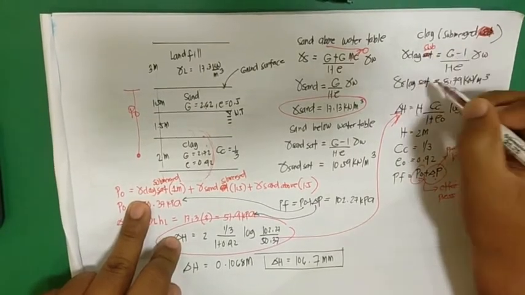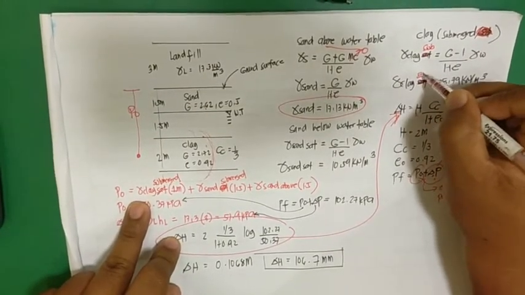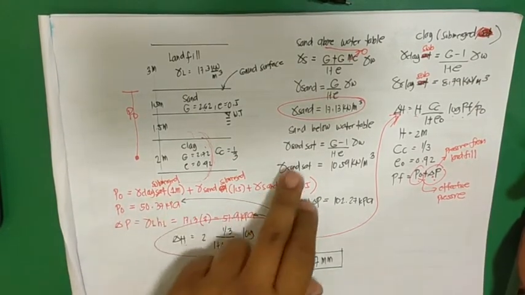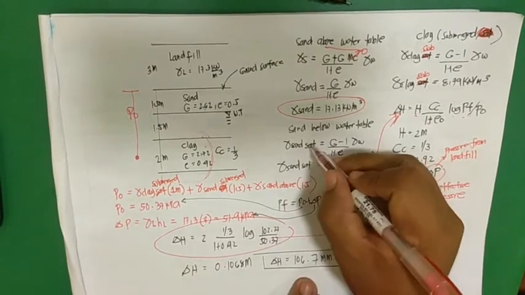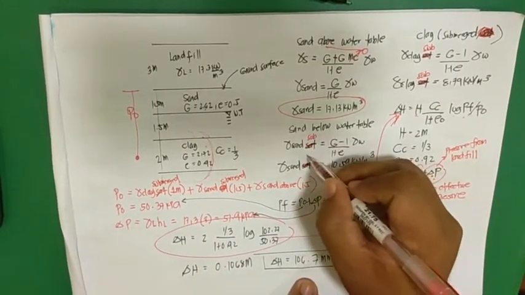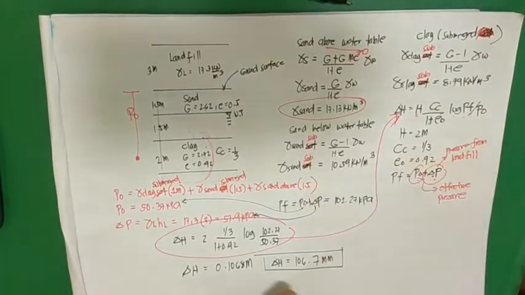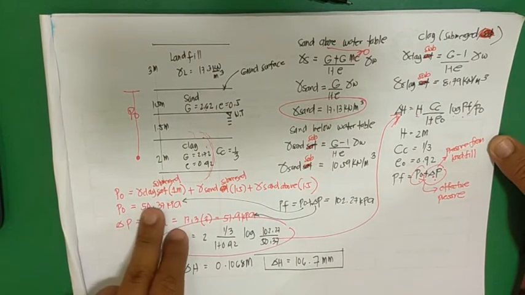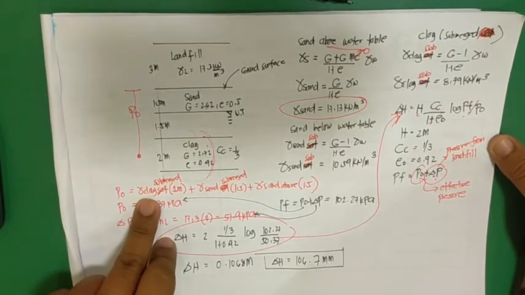Sorry class. This is also submerged, not sat. Okay, I think we are correct now. So here, gamma clay submerged.